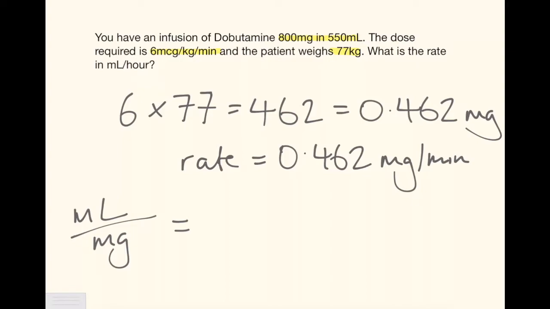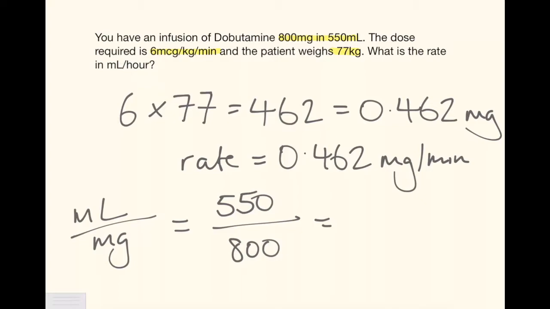That means I need to do how many milliliters? 550 milliliters on 800 milligrams. Alright, milliliters per milligram, 550 over 800. That's the operation that you'll need to do to work this out.